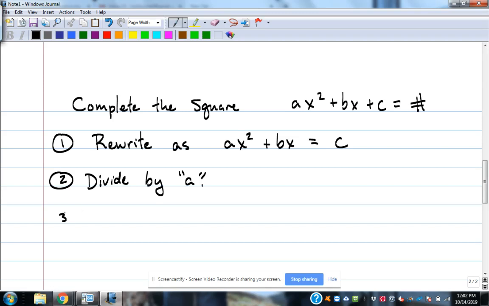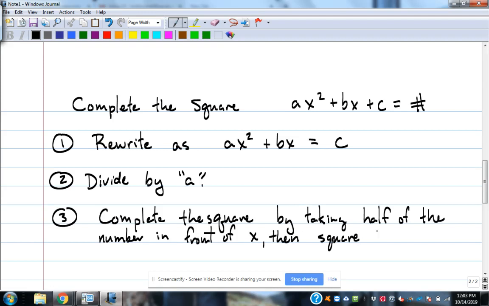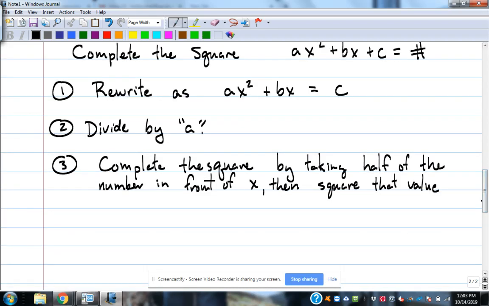All right. Next thing we do is this is where we're actually going to complete the square. And when we see an example of this, it starts making a lot more sense.